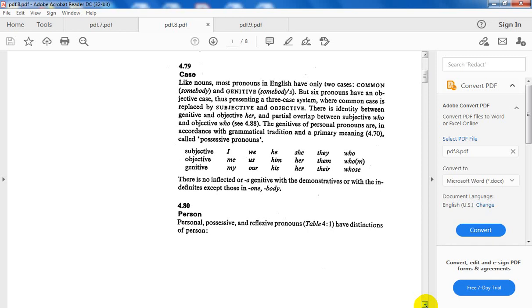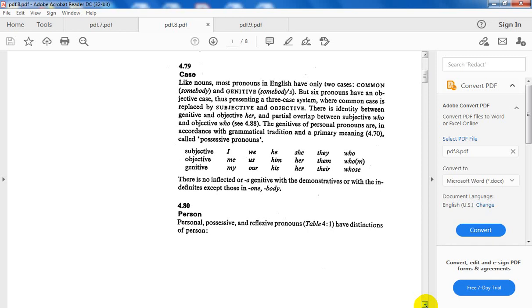So they have what is called a 3-case system, where the common case is replaced by subjective and objective, and then I have the genitive. So these 6 pronouns have subjective case, objective case, and genitive case.